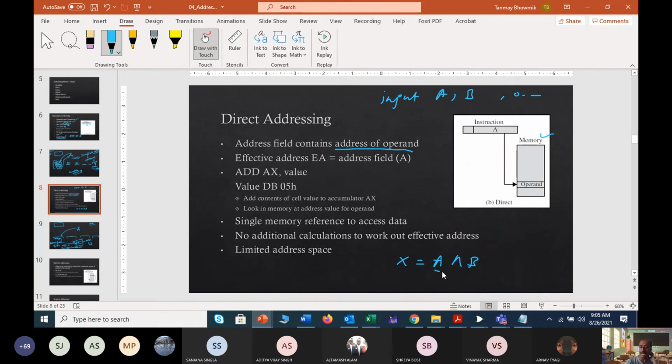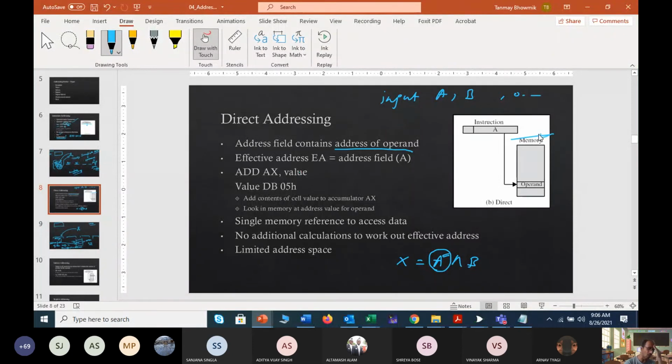So A is a variable you are just creating, you are not specifying any values. But whenever you store some values into this variable, where is it stored? Obviously in memory. A is your operand, but the value of the operand is stored in the memory. So once you get this direct addressing, obviously you have to search in memory first.